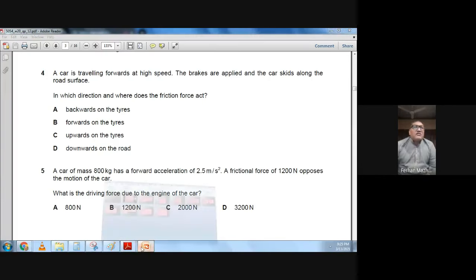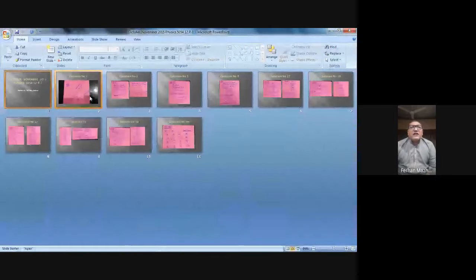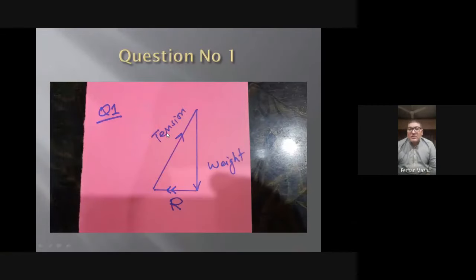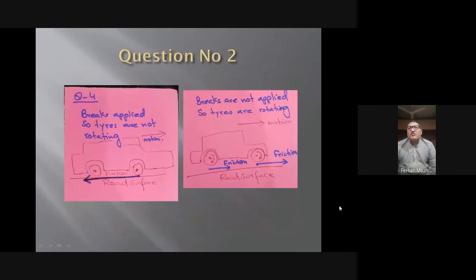I have drawn, let me show you. So, okay. Hopefully you are able to see.